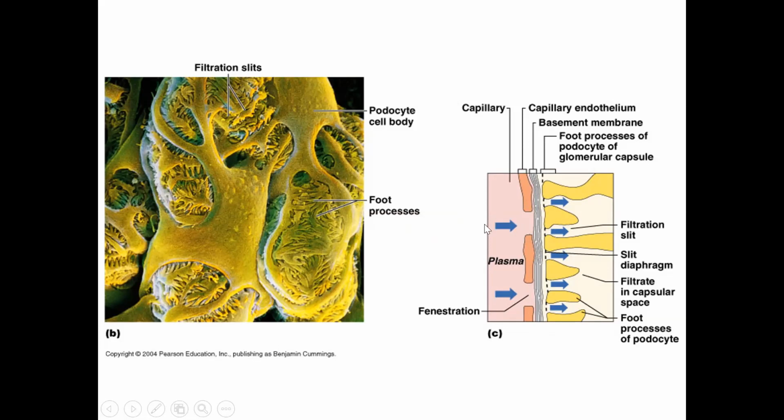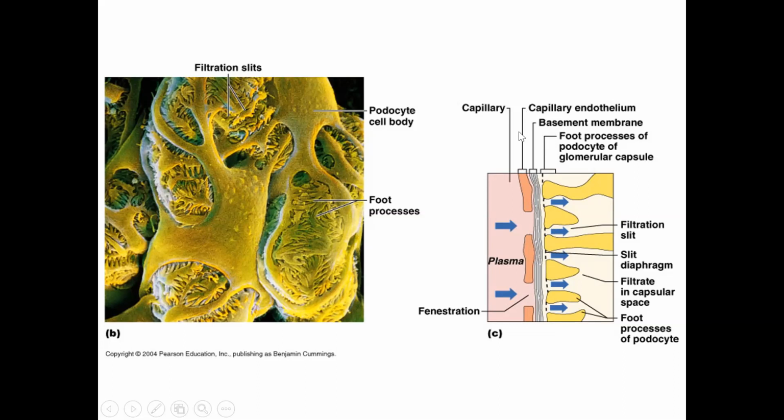Okay, so now for blood to filter, it first gets through the fenestrations, then gets through the basement membrane, and then gets through the filtration slits, and then gets to the Bowman's capsule, right? So these are three parts right here: blood capillary lining, basement membrane, and podocyte.